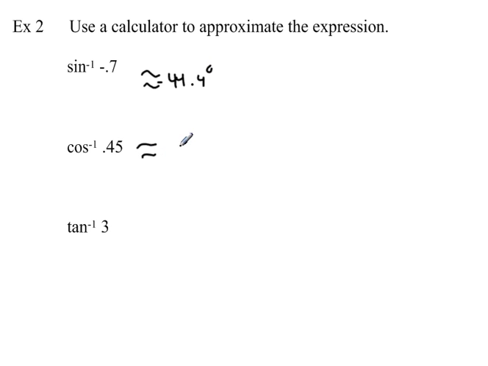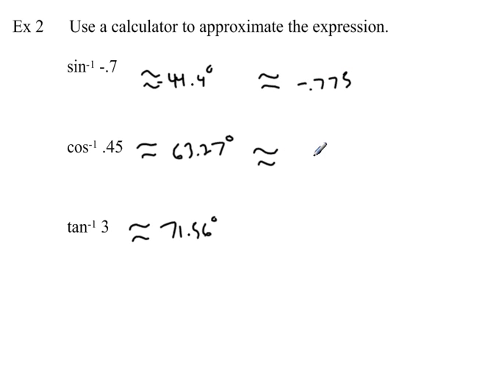This one's going to be about 63.27 degrees. And this third one is going to be about 71.56 degrees. Now, if you have your calculator in radian mode, you would have found that these answers would be about negative 0.775 radians. This one here would be about 1.104 radians, and this third one would be about 1.25 radians.